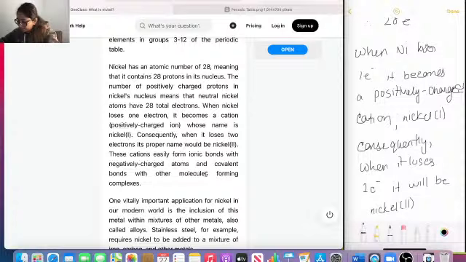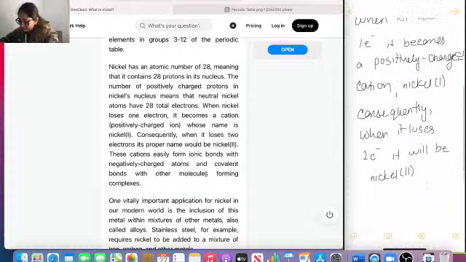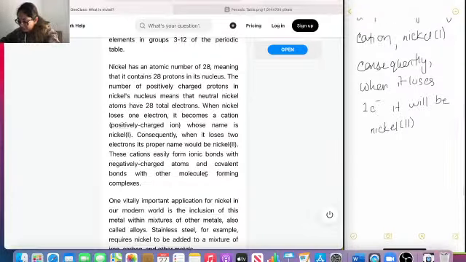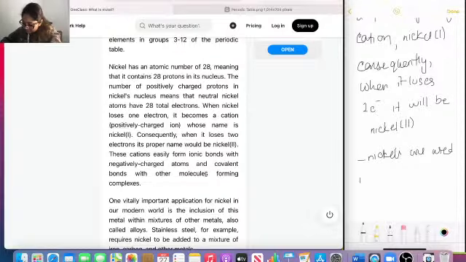One common use of nickel is mixing it with other metals to create what are called alloys.